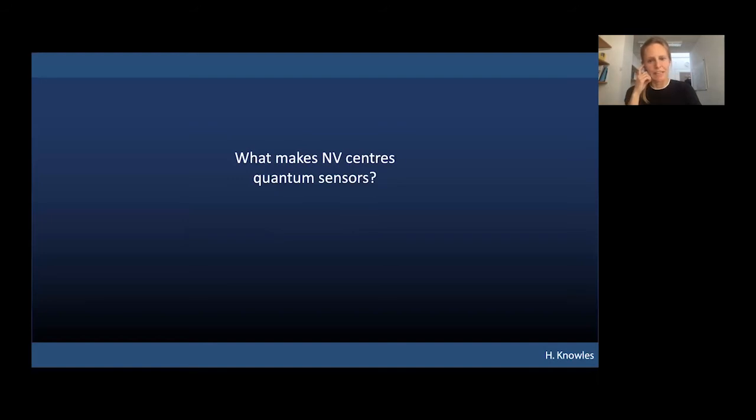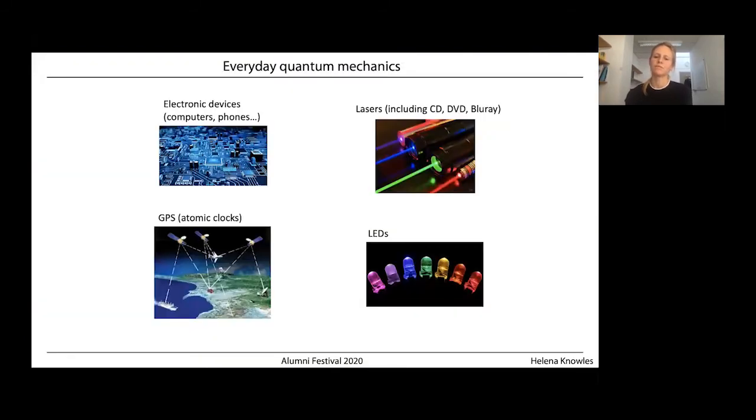But maybe to take a step back, we can ask ourselves, how do these NV centers make quantum sensors, but perhaps also, what even is a quantum sensor? You're actually all familiar with quantum mechanics processes in daily devices that you would be using, for instance, in your mobile phones.